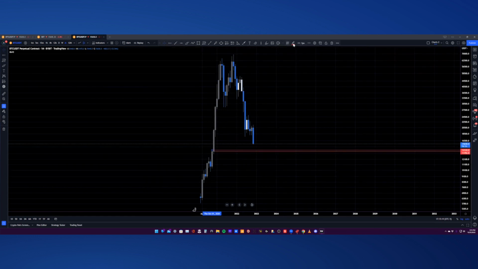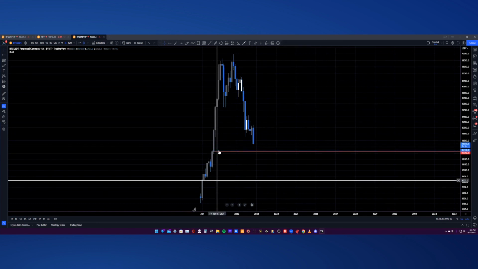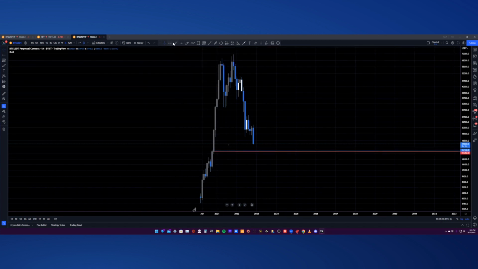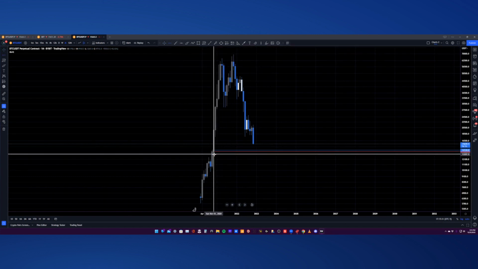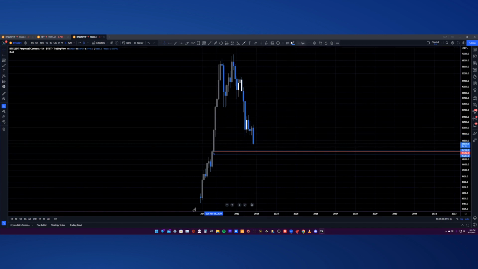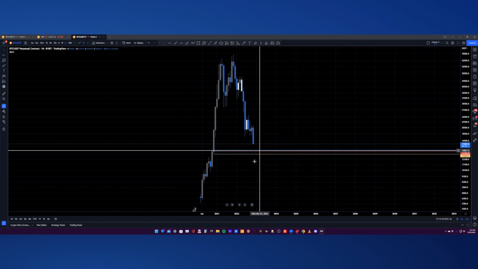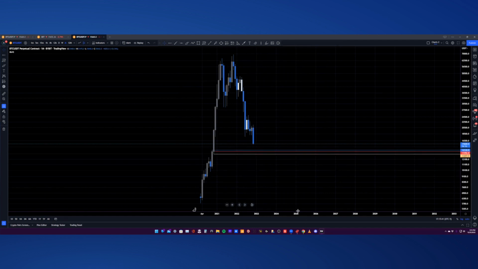Let me make this one blue. Okay. So we have that blue and then the red, and let's make one more. We're going to make that one yellow. Okay. So we got blue, red, and yellow. On the monthly time frame, these are the levels of importance.